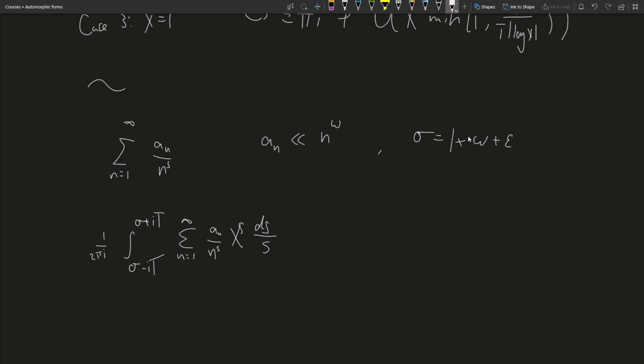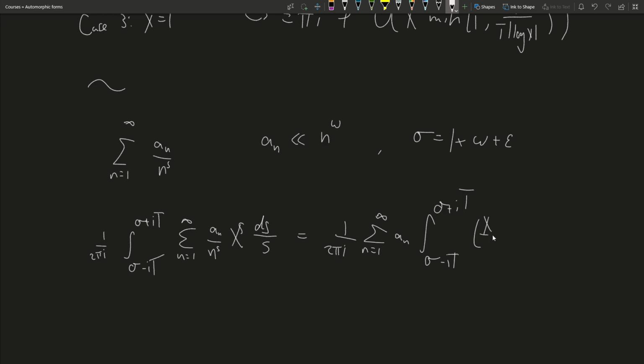And the point of doing this is that now this Dirichlet series converges absolutely. And that means that we can change the order of integration. So what we get is the sum n equals 1 to infinity of a_n, and then we have our integral, which we had just worked out above, essentially.